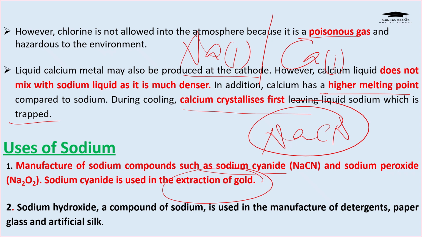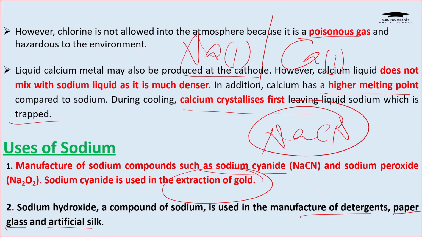Another use of sodium metal is in manufacture of sodium hydroxide, which is used in the manufacture of detergents, paper, glass, and even artificial silk.